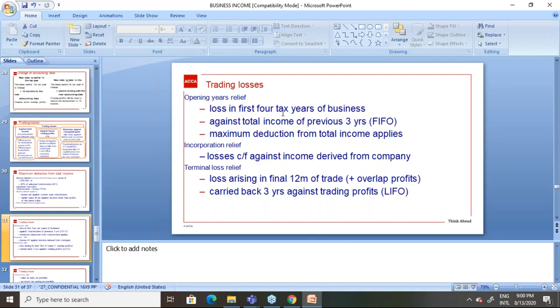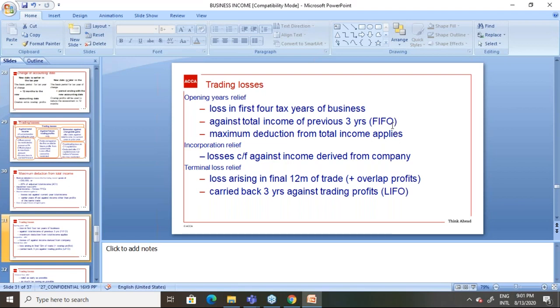Now, opening year loss relief, the only difference is if it is a newly started business, there is a special relief available. That is, if the newly started business has incurred a loss during the first 4 tax years of the business, that loss can be carried back for a period of 3 years to set off against total income according to first in, first out basis.